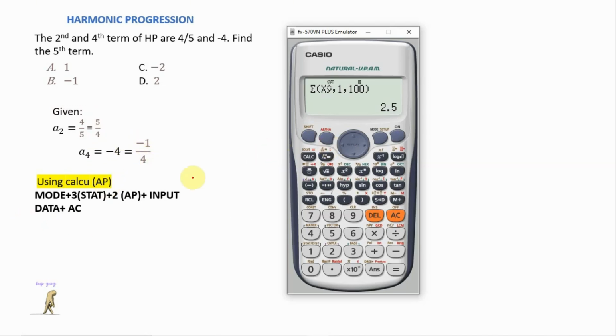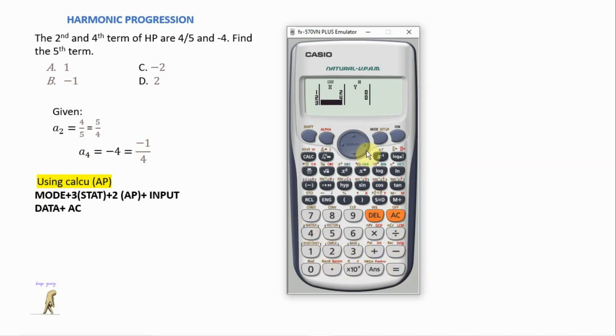So let's press this in our calculator. Because in our calculator, it is set up as statistic under geometric progression, but we are finding arithmetic progression. So let's press mode, then 3 for stat, and then, as we can see, it is 2 here. Okay? Then we're going to input our data. We have a sub 2 and a sub 4.